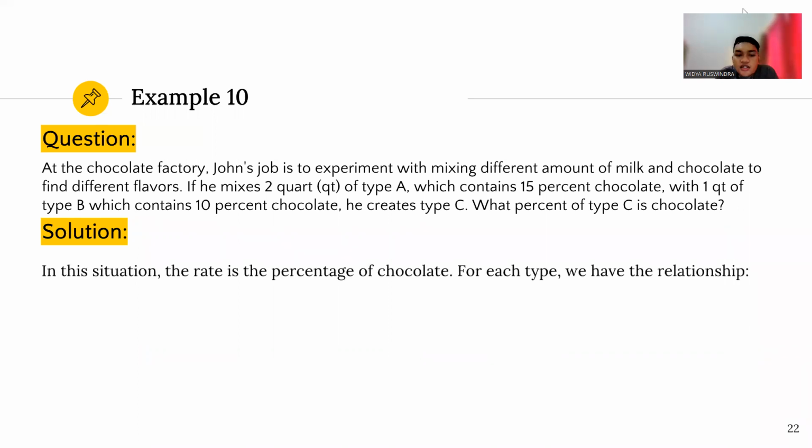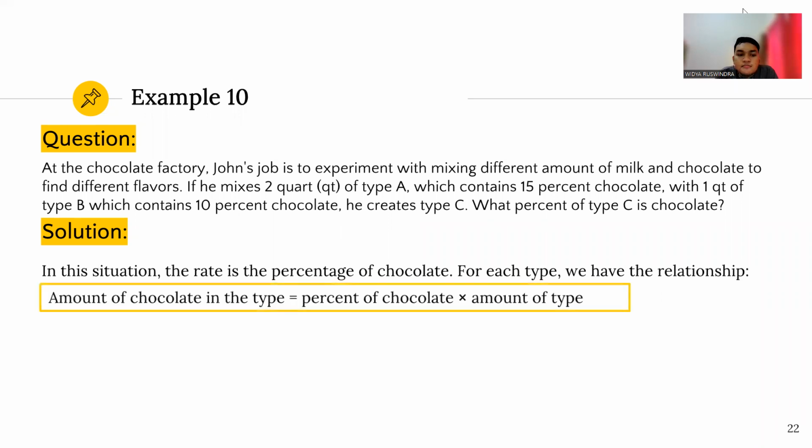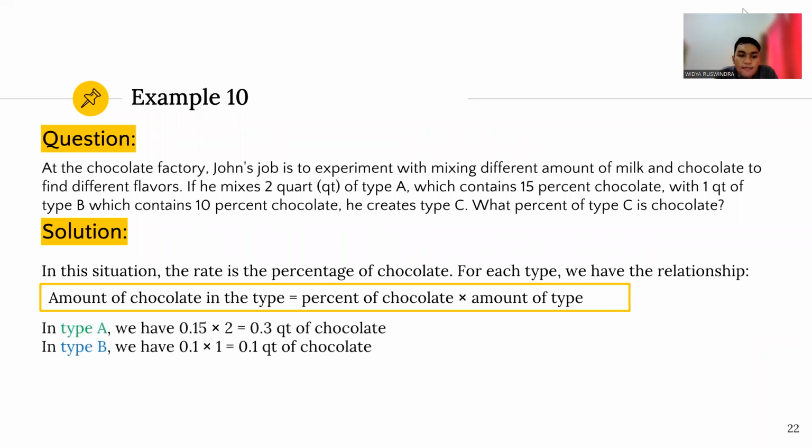In this situation, the percentage of chocolate for each type is given. We have the relationship: amount of chocolate in the type equals percent of chocolate times amount of type. In type A, we have 15% divided by 100, which is 0.15, times 2 equals 0.3 part of chocolate.